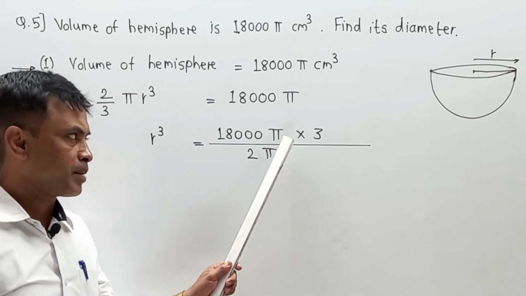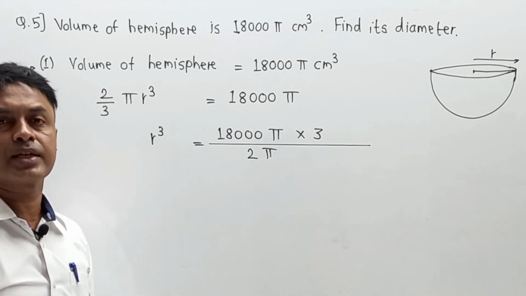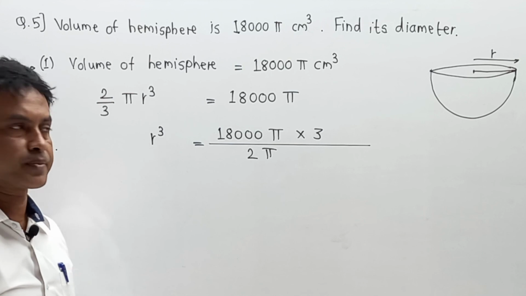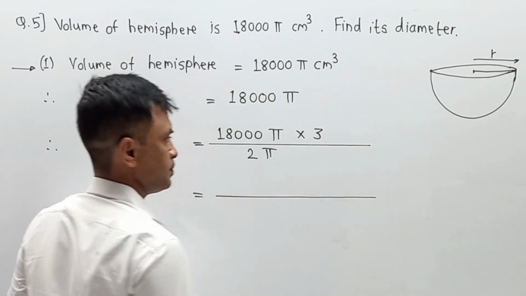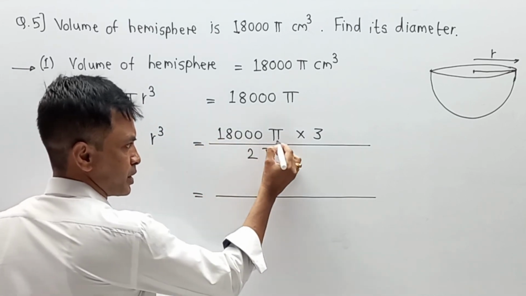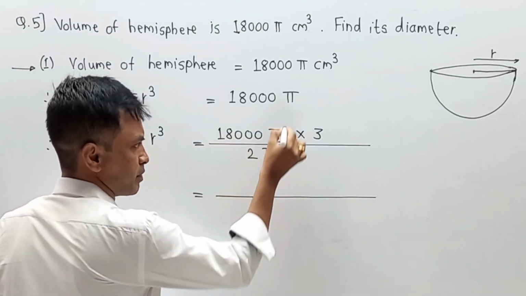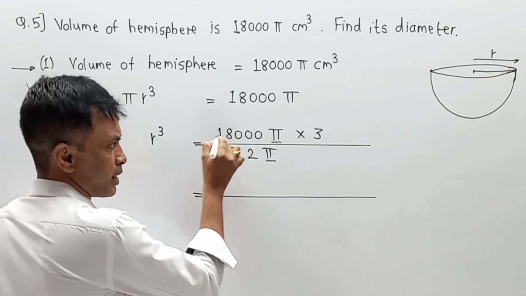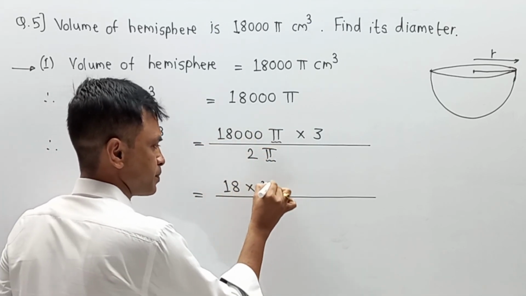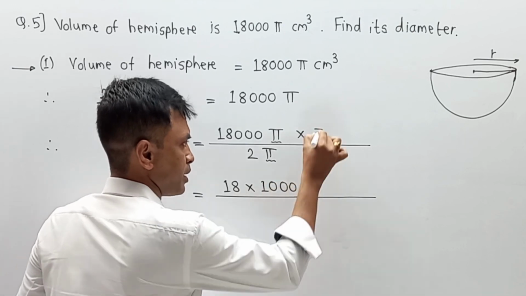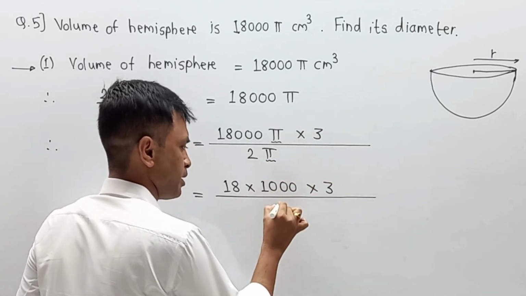In the first step, I am just cancelling pi with pi, because the rest is directly numbers, we can simplify. So the part becomes 18,000, here pi gets cancelled with pi, and 18,000 I am writing as 18 into 1000 into 3 divided by 2.